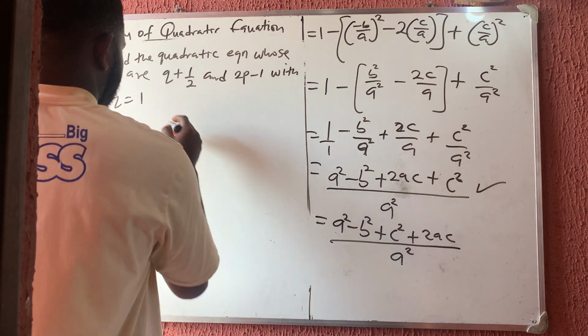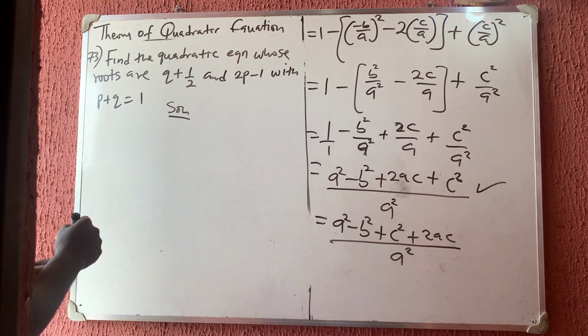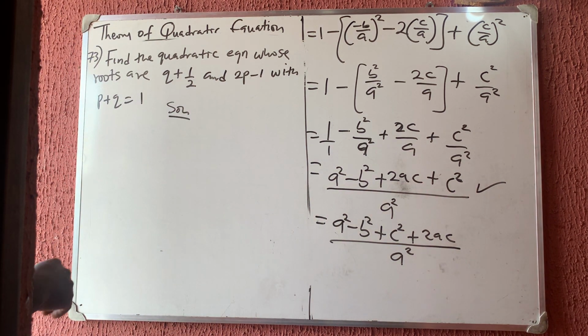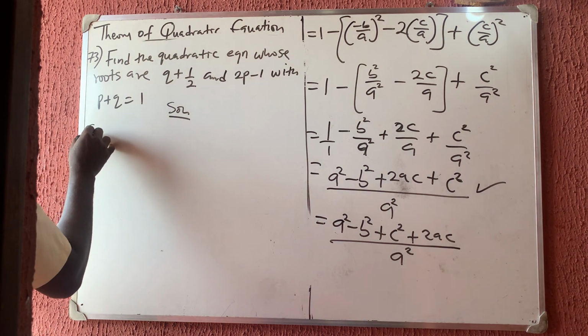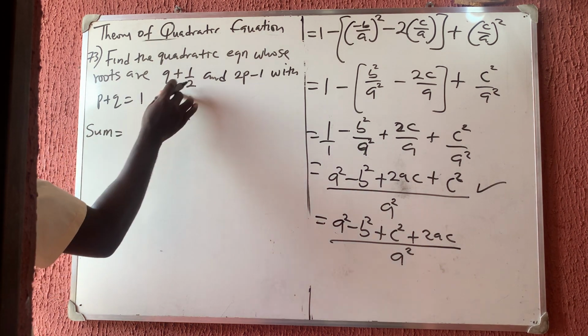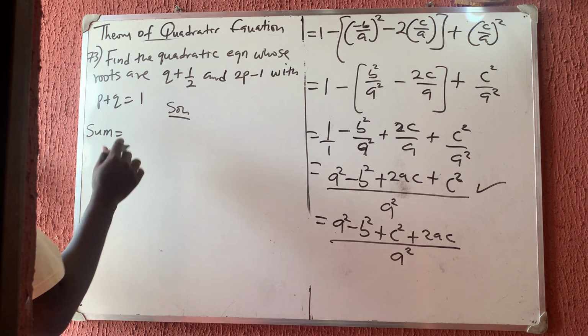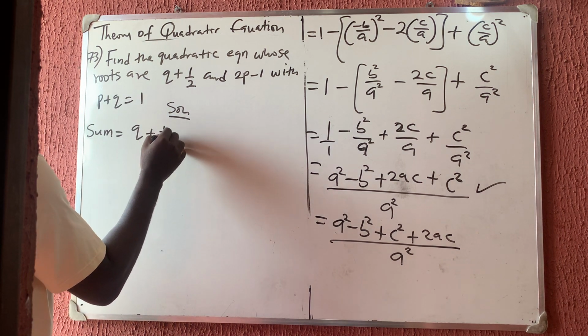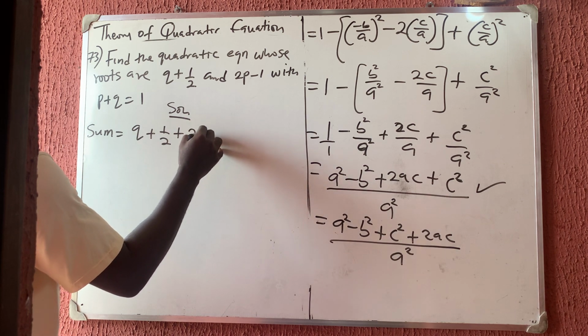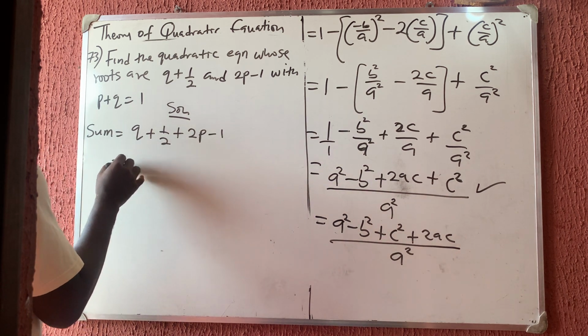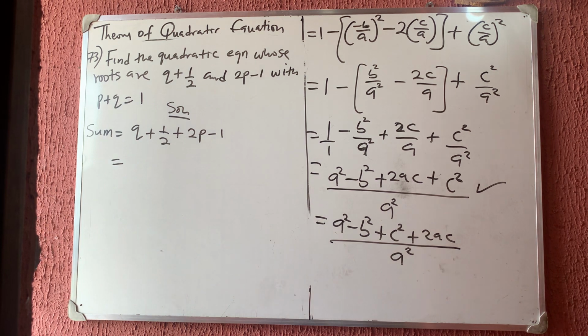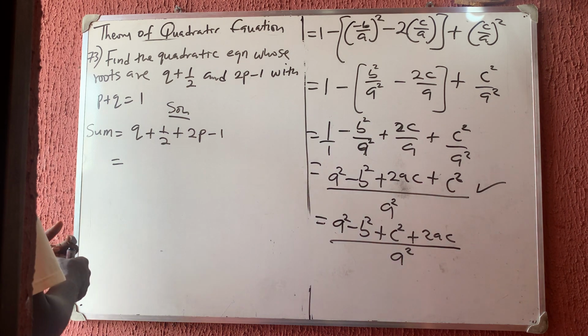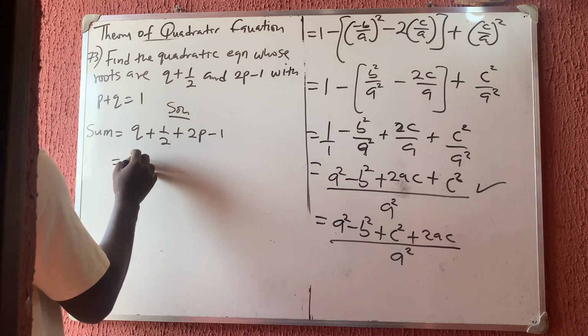Solution. For you to find any quadratic equation, you need the sum and the product. The first thing we need is the sum, which means to add the two of them. We have q plus 1 over 2 plus 2p minus 1.